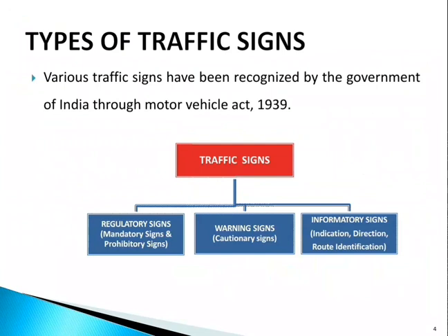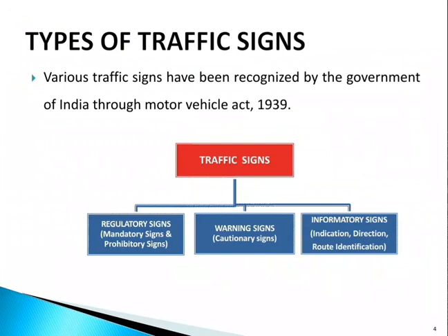First one is regulatory sign, which includes mandatory signs and prohibitory signs. So the mandatory signs tell the driver what they must do, and these signs give orders, and the prohibitory signs tell the drivers what they must not do.